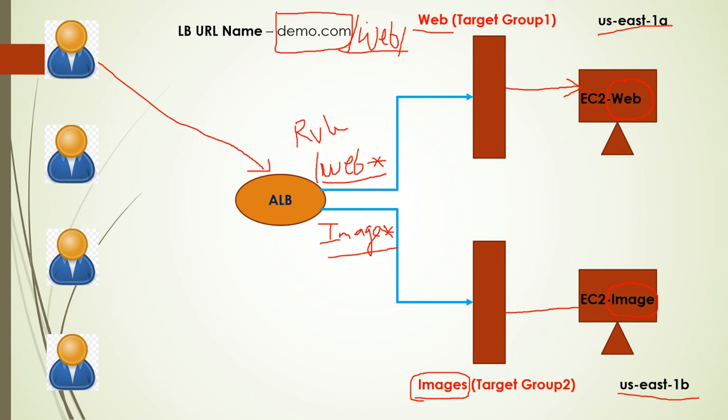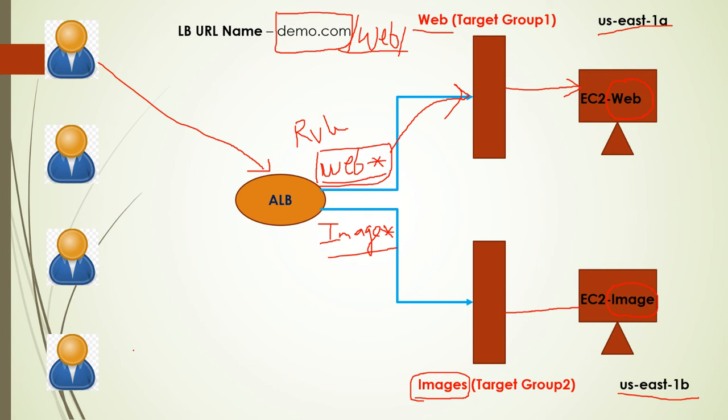It means yes, it is actually matching. So what does it do? It says, okay, in the rule I have said if the content matches web, send the request to the target group web. So it sends the request to the target group web, and the web target group sends the request to your backend system.